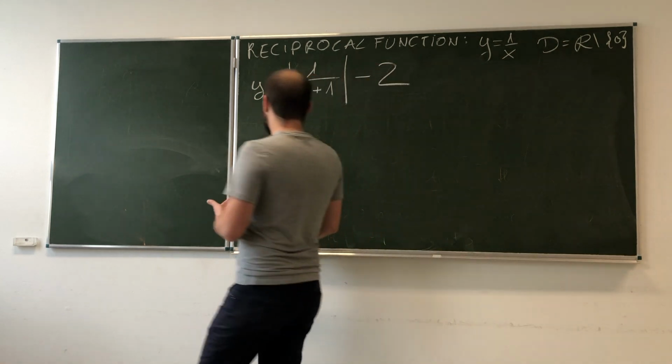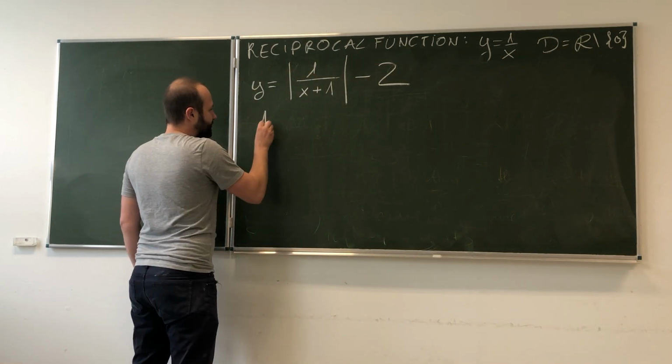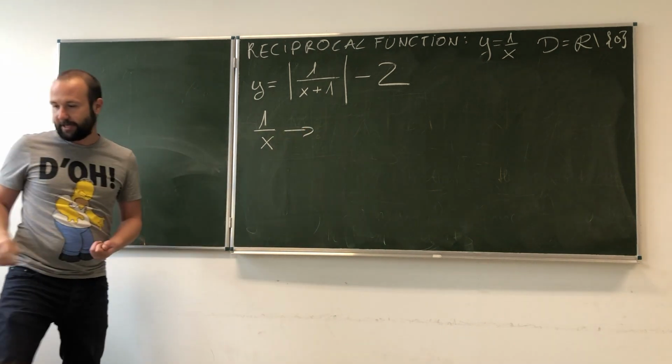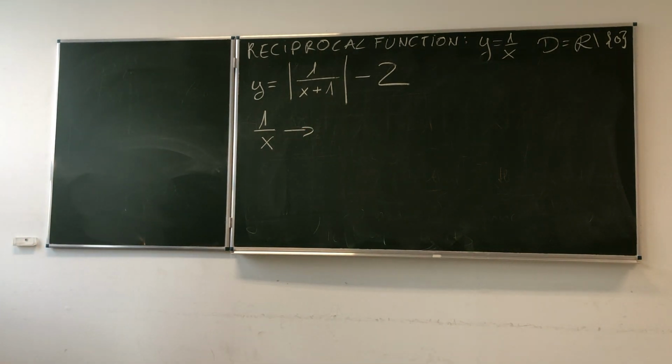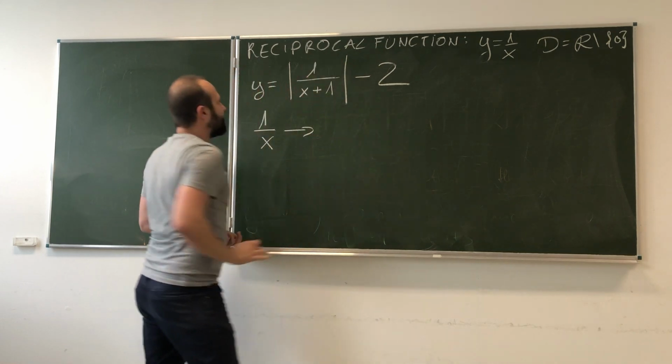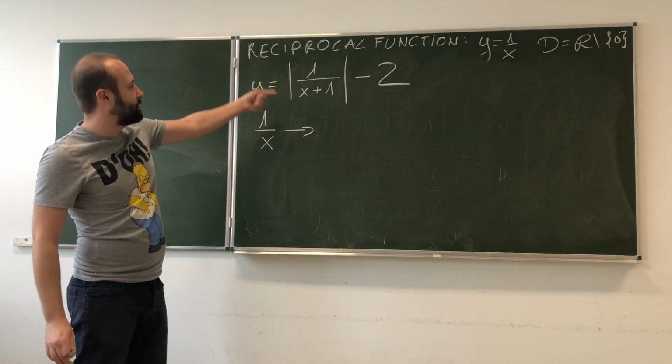And look, we do it like this. At the beginning, we should start with the function 1 over x, because we know how it looks like. Then, we should make the function more and more complicated in each consecutive step. Okay, so, and we start with the things that are usually the closest to x.